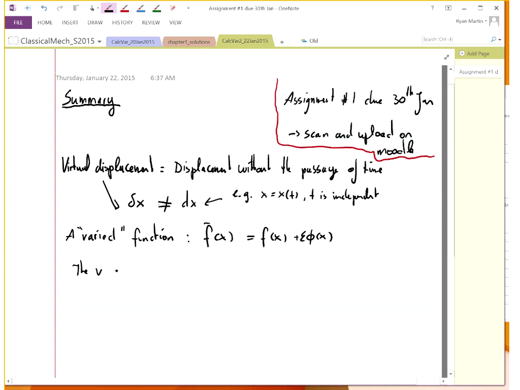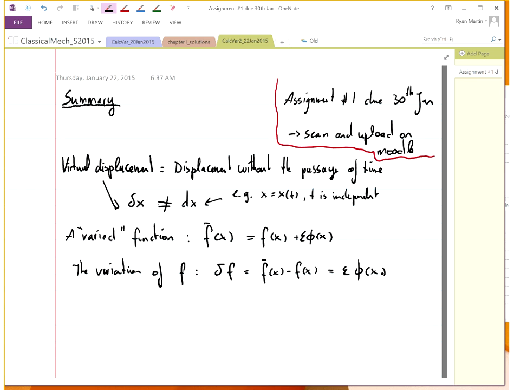So we can define the variation of f, which we'll call delta f. And so that's f bar minus f, simply that small part that we added to f. So delta f would be epsilon phi of x.